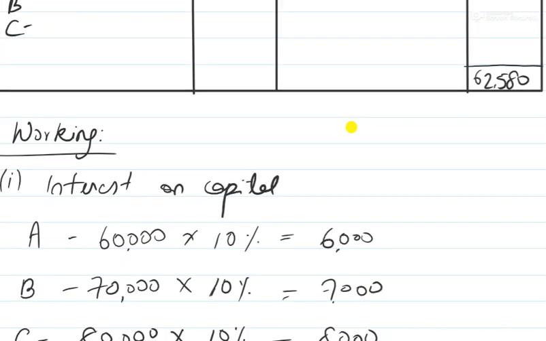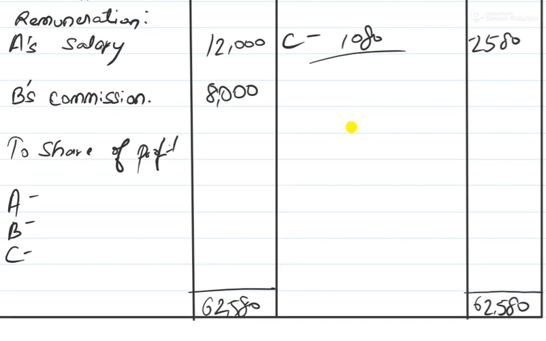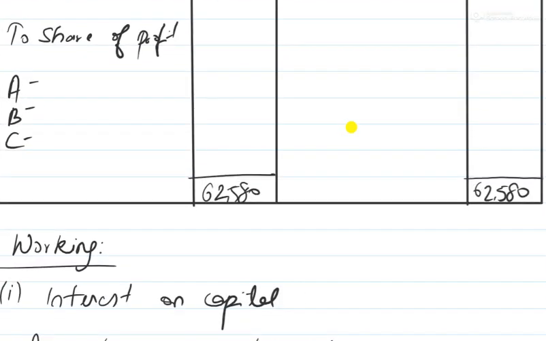So we write the amount which is more on both sides, 62,580, and the total of the debit side is 41,000. We subtract it, 62,580 minus 41,000. So the total profit is 21,580.